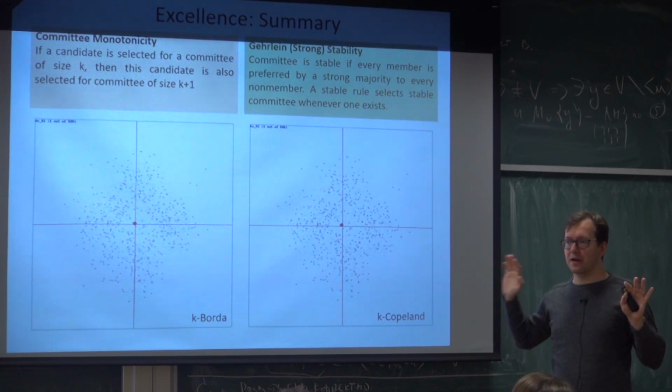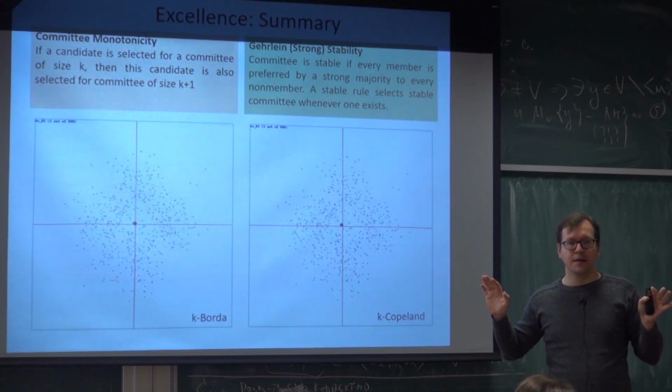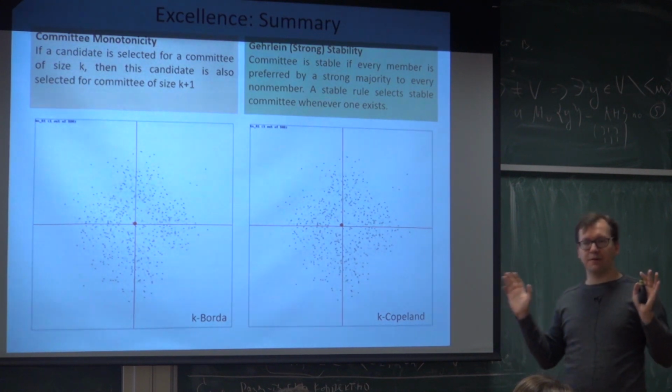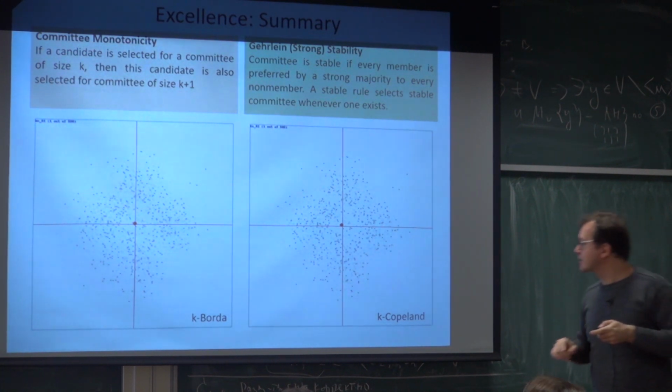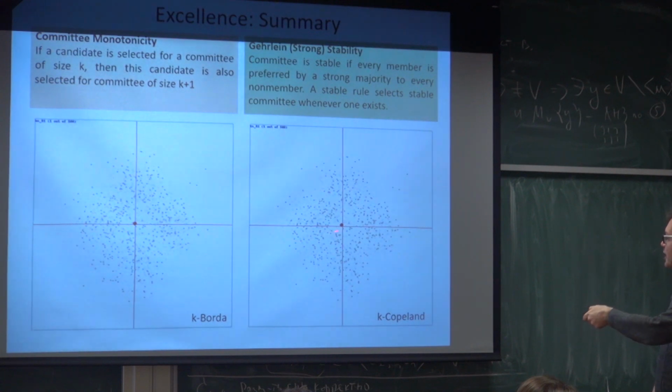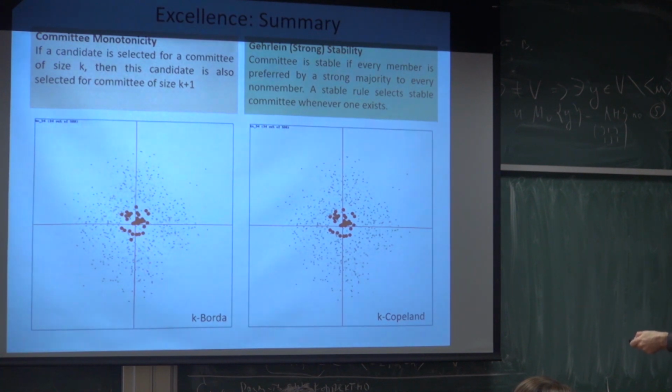Copeland satisfies both our axioms, k-Borda only one, but somehow it feels that we have a wrong axiom, because if you actually compare Borda and k-Copeland and you start increasing their committees, not much changes. So it seems like there is something deeper that makes these rules behave similarly on these profiles. So, okay, now you see some difference, yeah? Very important.